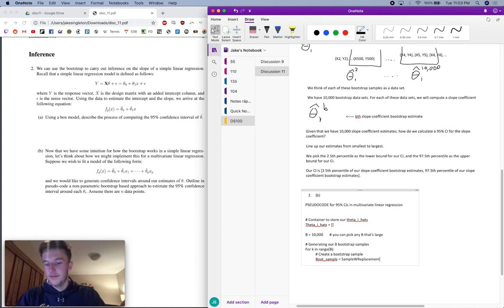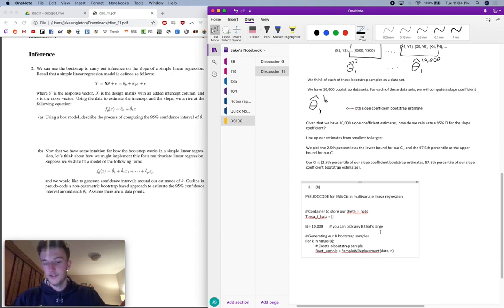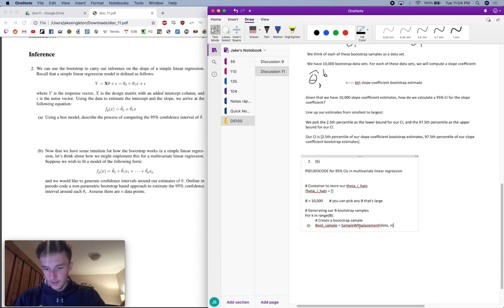Remember, in the bootstrap we draw with replacement, and we'll give it our data. We need these samples to be of size n. So for each bootstrap sample, we're taking a sample with replacement from our original data set, also known as our original sample of size n.